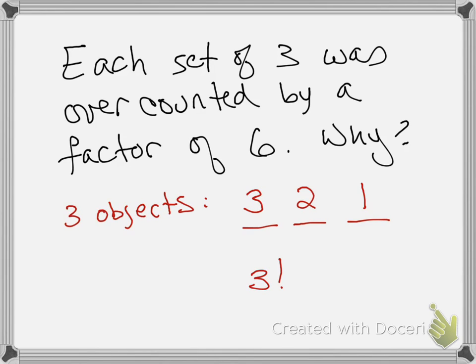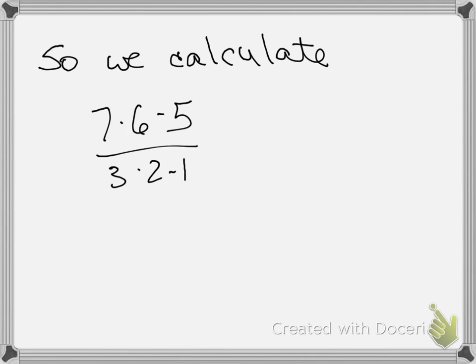That's a total of 3 factorial, or 6. So we take our previous calculation, which was 7 times 6 times 5, and we divide by how many times each set appears on the ordered list, and that was our 3 times 2 times 1, or 6.